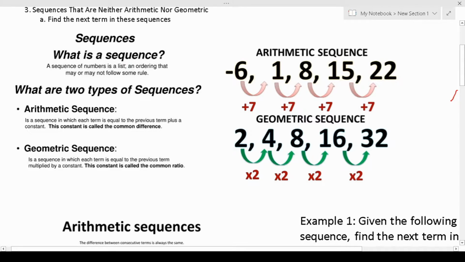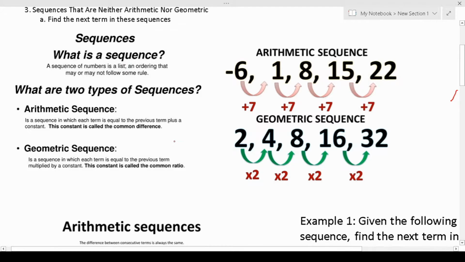To go from 4 to 8, we multiply by 2. To go from 8 to 16, we multiply by 2. And to go from 16 to 32, we multiply by 2. In light of the fact that we're multiplying each number by a constant to get to the next number in the sequence, we know this is a geometric sequence. Okay, so in short, that's the definition of sequence, arithmetic sequence, and geometric sequence.